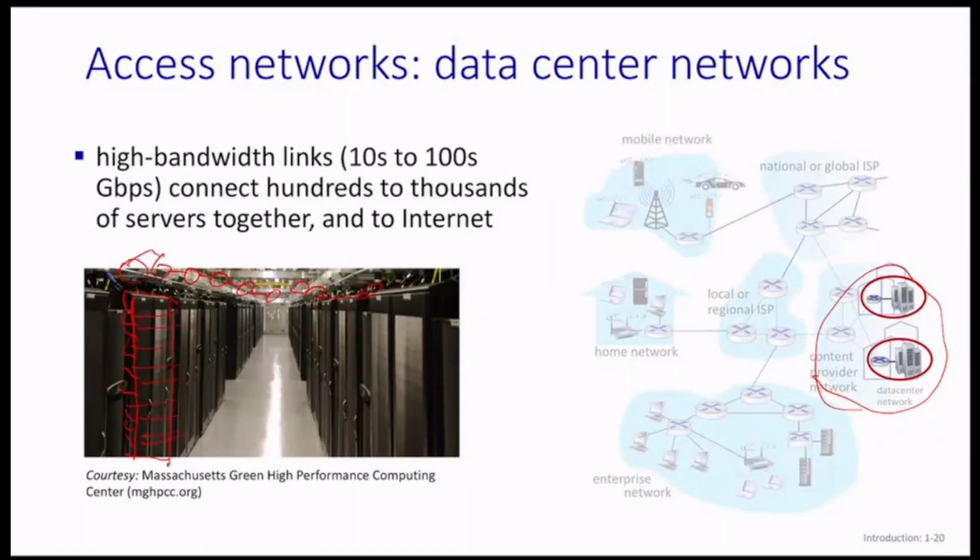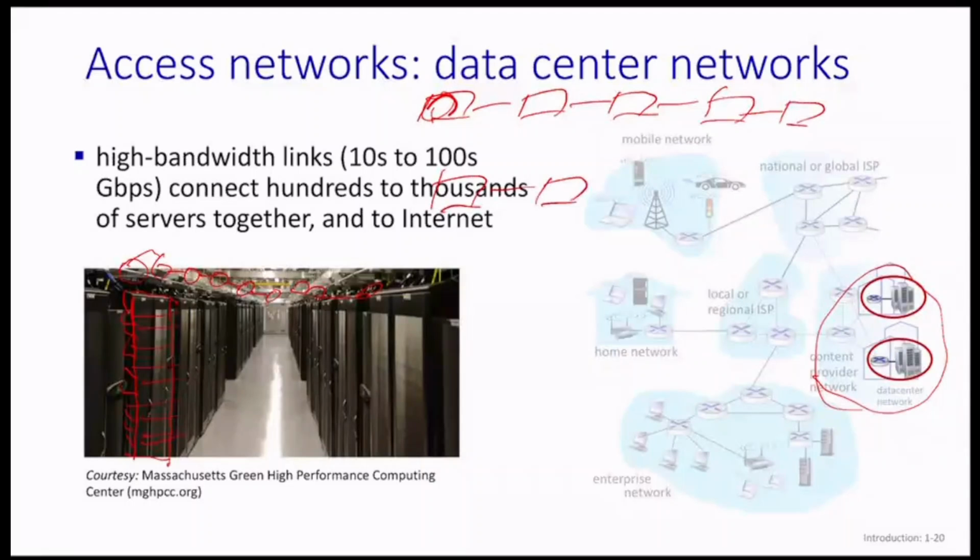Based on this, a data center includes more than thousands of servers together with several switches to create the data center architecture. Here is a switch, and different switches in an architecture like this one.